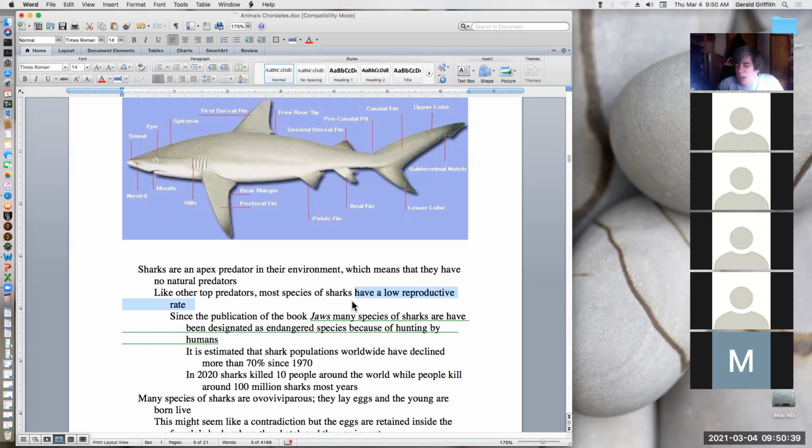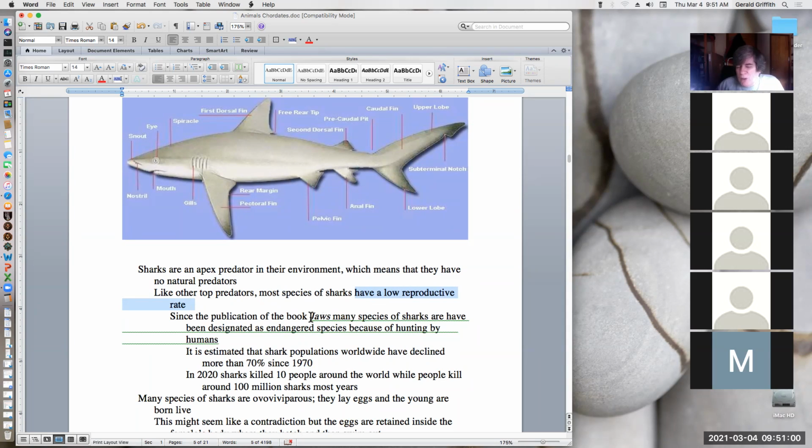Why? Well, they do produce more offspring that can survive, just like Darwin predicted. But most of the offspring that don't survive die at a pretty young age. Once they get a little bit older, sharks can expect to live a long lifetime.